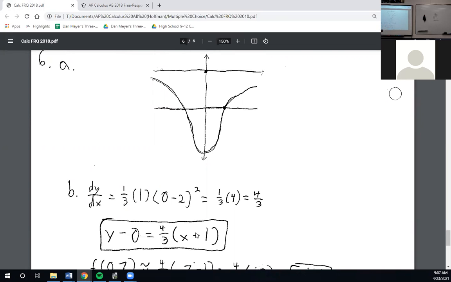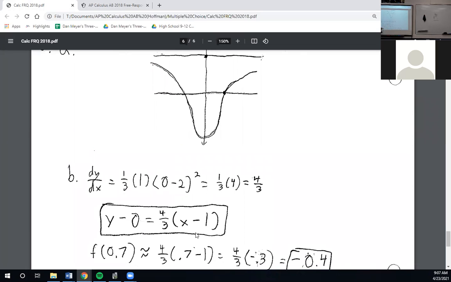So if I plug 0.7 into that tangent line, I get 4/3 of 0.7 minus 1, which is negative 0.4. So you get your equation of the tangent line and then plug in 0.7. And we get the slope of the tangent line by figuring out what the derivative is at that point.